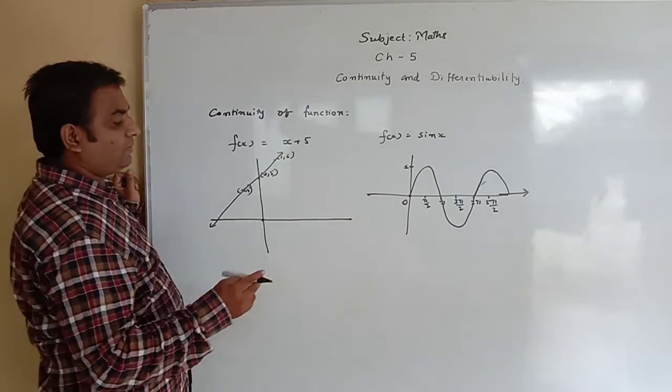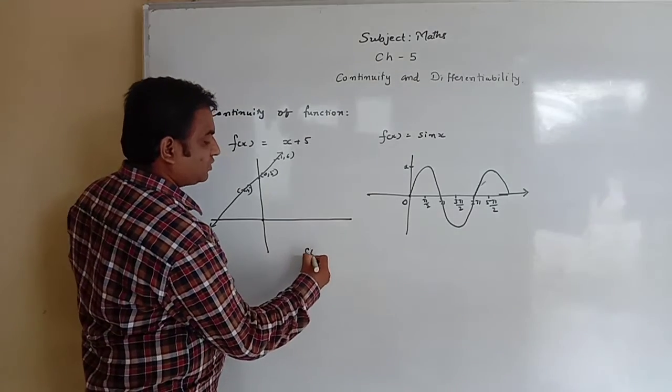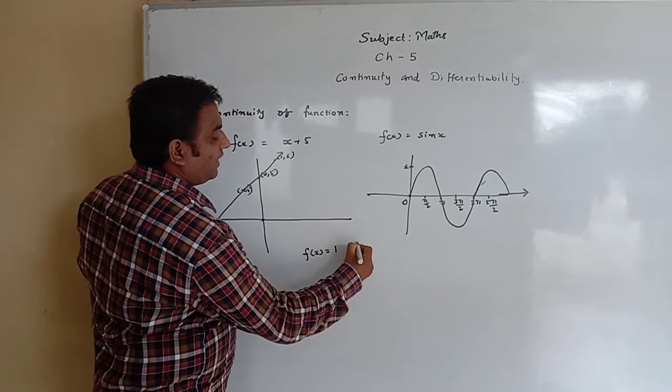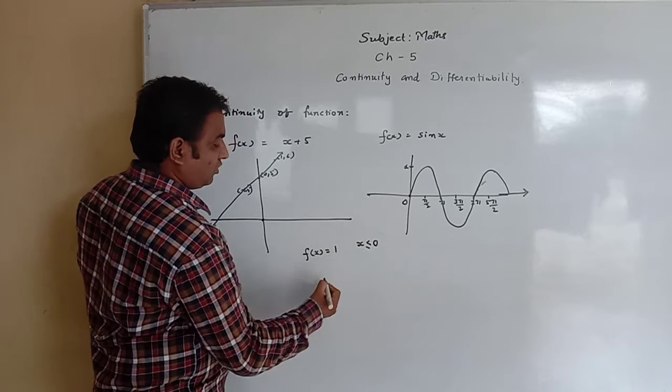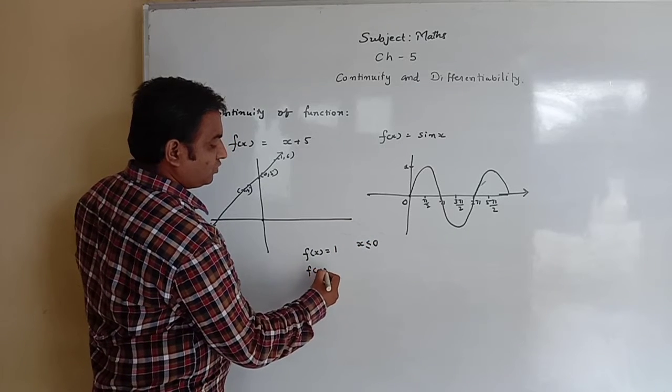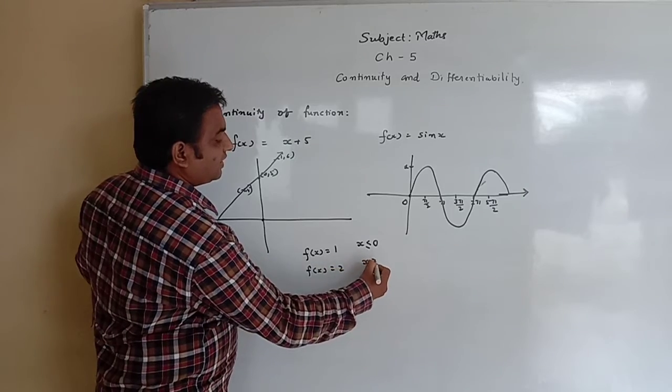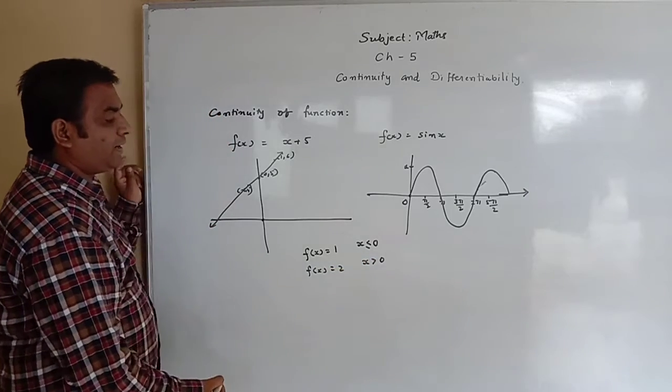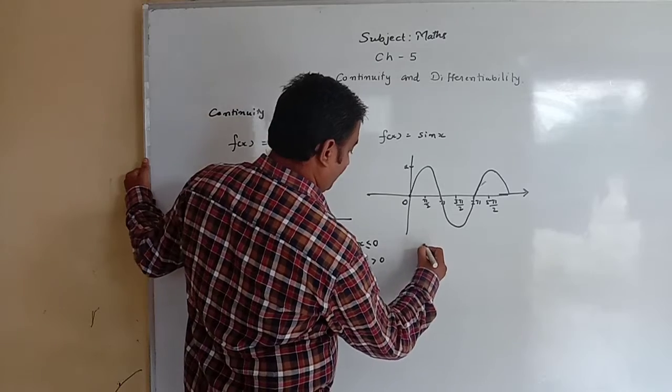But if we take a function like f(x) equals 1 when x is less than or equal to 0, and f(x) equals 2 when x is greater than 0, then we construct this graph.